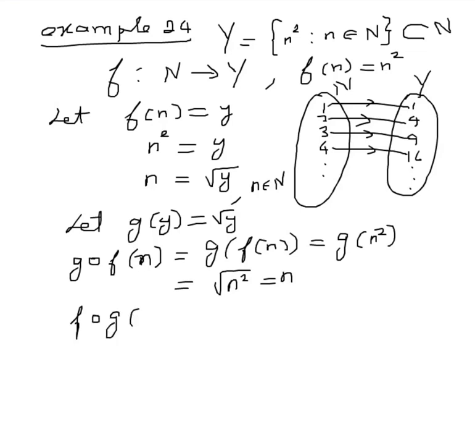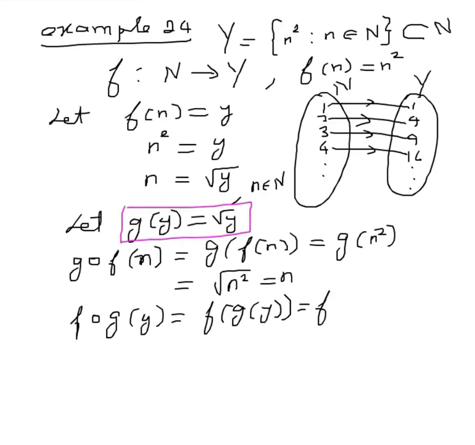Now let us find f composite g of y, which is f of g of y, and g of y is root of y, and f function, square function, here it is. f of n is n square, therefore root y square.